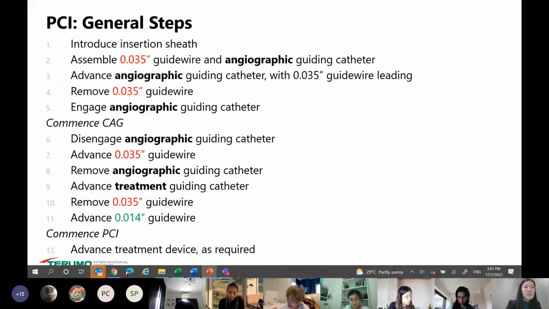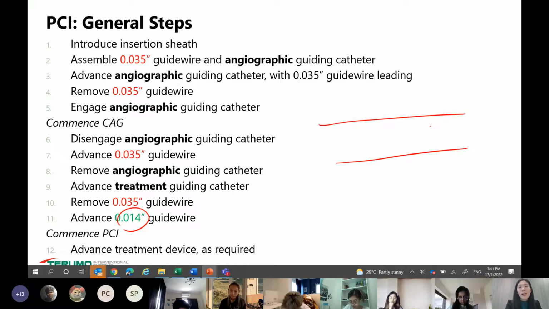Second difference, as I mentioned, is the 014 guide wire. 014 just means the diameter of your guide wire is thinner, it's finer. It's 035 versus 014, about 2 point something times thinner. The purpose of the wire is to go into the coronary arteries and cross the lesion.